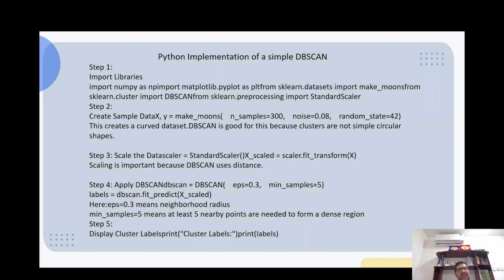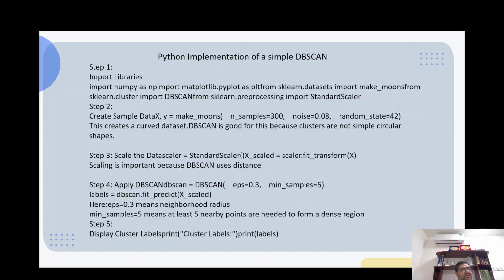We put epsilon as 0.3 and minimum samples equal to 5. So five points should be there within this range of 0.3, which is the radius. If those 5 points are there, we can say we have a core point.